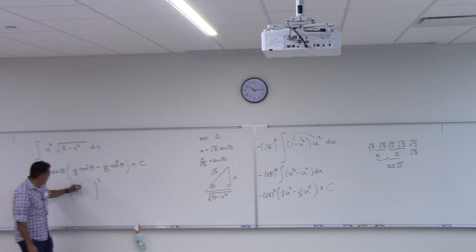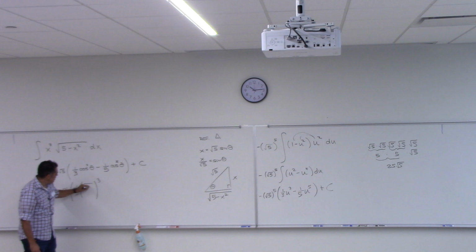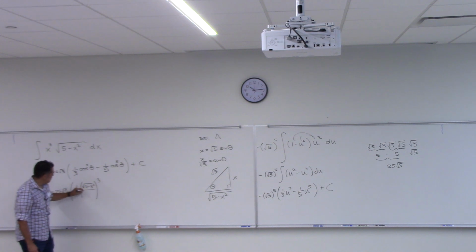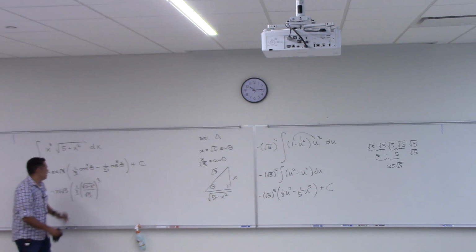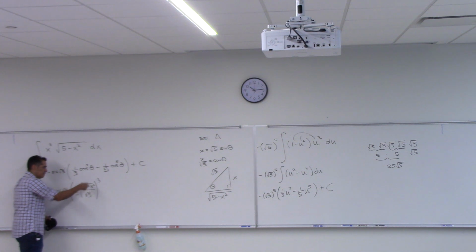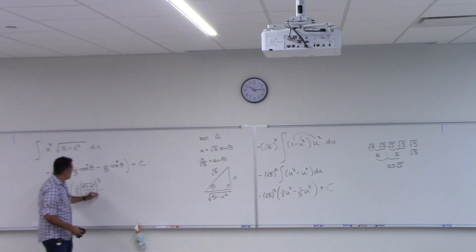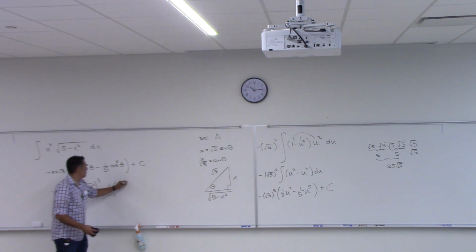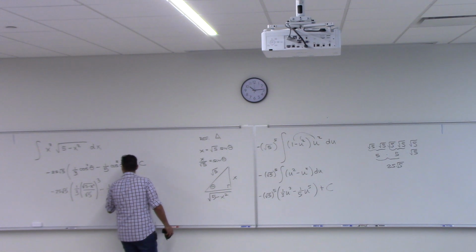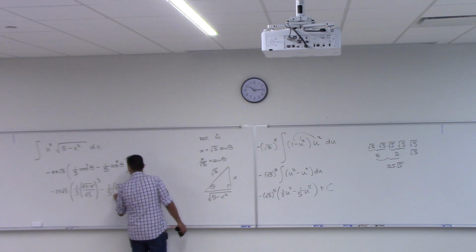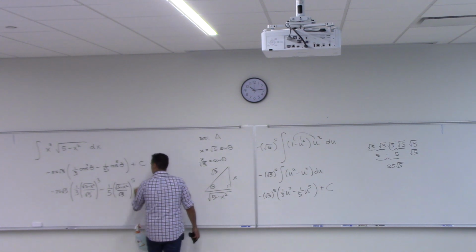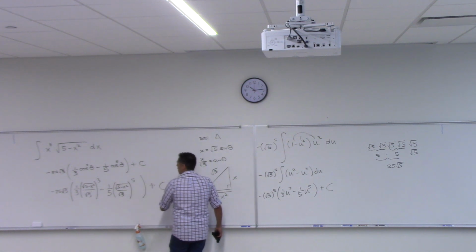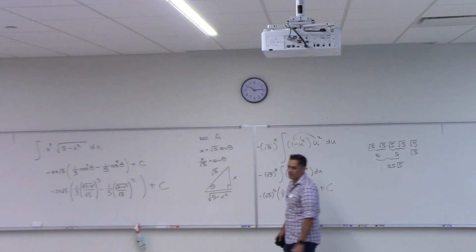So it was root 5 minus x squared over root 5. That is cosine theta cubed. Minus 1/5, and then I have cosine theta to the 5th. So I put in here square root 5 minus x squared over root 5, plus c.